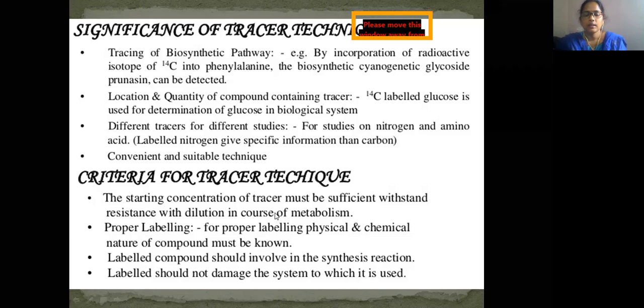Take the example of the shikimic acid pathway. We have erythrose 4-phosphate and phosphoenolpyruvate, two are there.